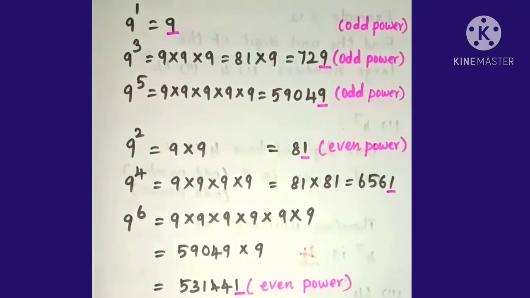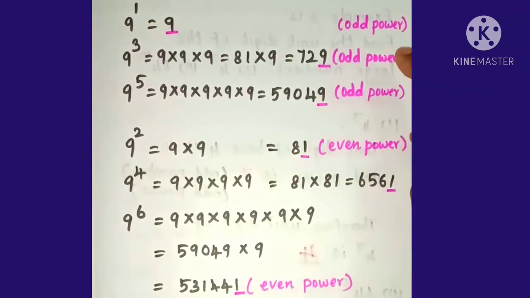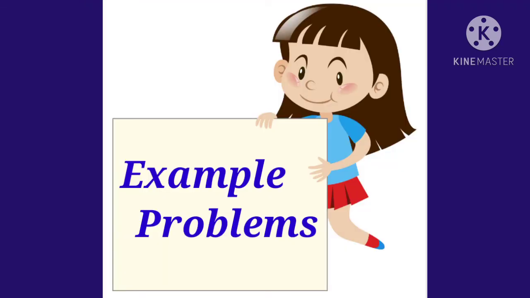So for base ending with 9, the unit digit after expansion is 9 for odd powers and 1 for even powers. Now let us do the example problems.